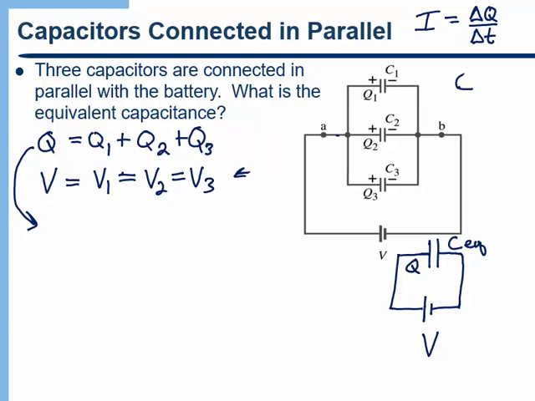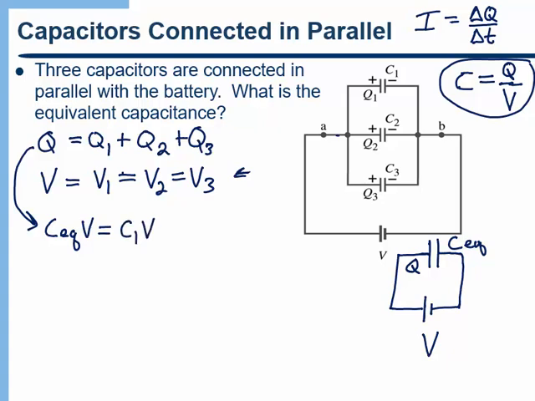The one thing we have to remember is that by definition, C is Q over V. And so I'm going to replace Q with C_eq times V. In other words, the charge Q on my equivalent capacitor is just C_eq times V based on our definition of capacitance. So that's got to be equal to C1 V1 plus C2 V2 plus C3 V3.